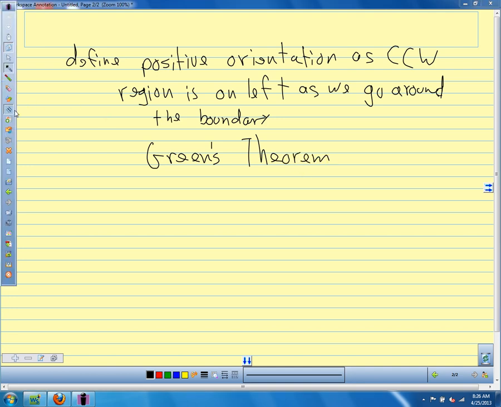Green's theorem is, in chapter 15, one of the really cool results that we come up with.